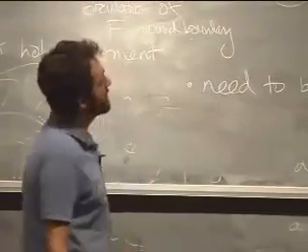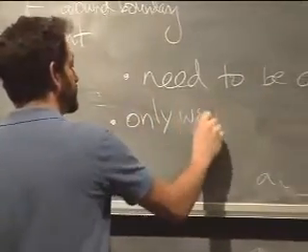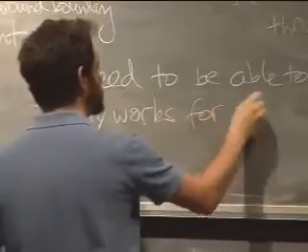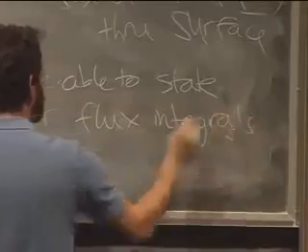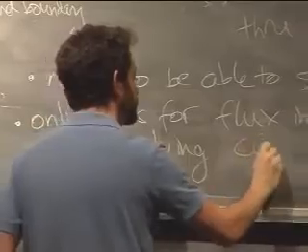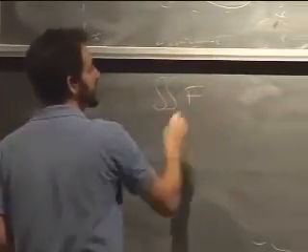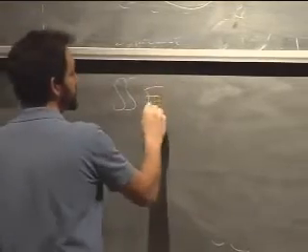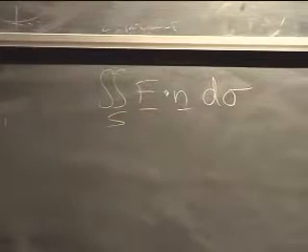Now, here's the important thing. It only works on a flux integral involving a curl of F. So in other words, if you want to use either Stokes or the divergence theorem, which I haven't talked about yet, to do something like this, that's a flux integral.